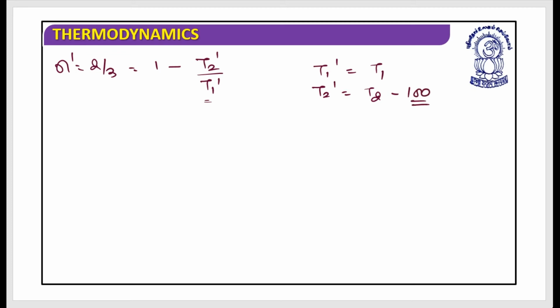Now here we need to focus on it, that there is a change of 100 degrees Celsius. When we learned thermometry in thermal properties of matter, we studied that a change of 1 degree Celsius is equal to a change of 1 degree Kelvin. So there is no need to add or subtract 273 for converting from Celsius to Kelvin, because this is a change.